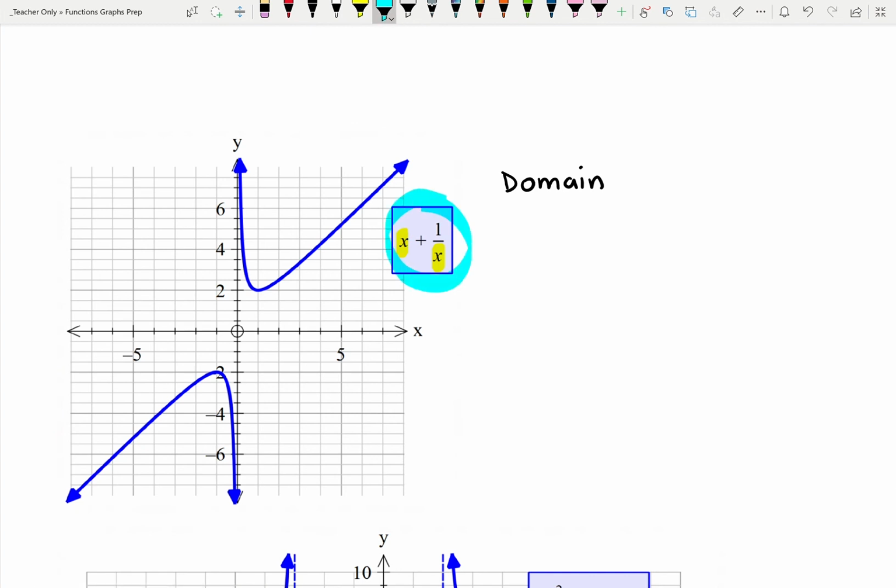So, does the function ever not exist? And the answer is yes. The function will not exist when x equals 0 because we'll be trying to divide by 0. So if x equals 0, then we've got y equals 0 plus 1 on 0, and this 1 on 0 causes the whole thing to be undefined.